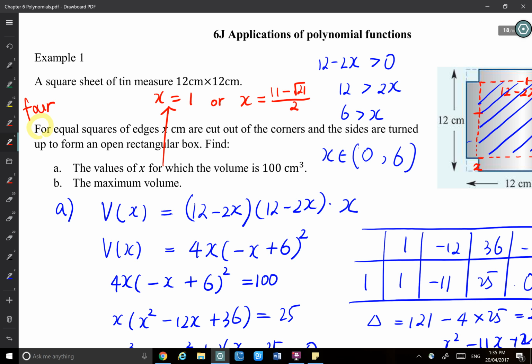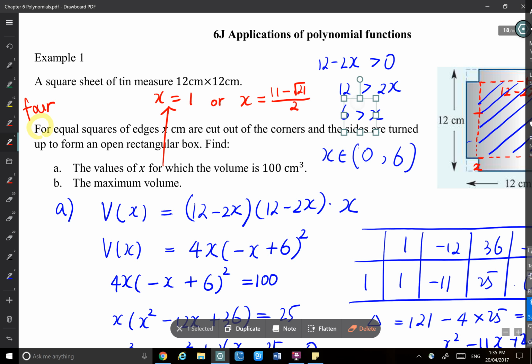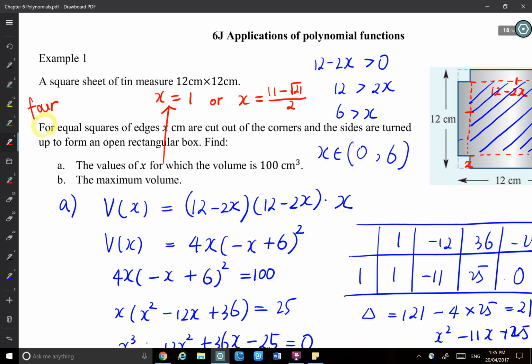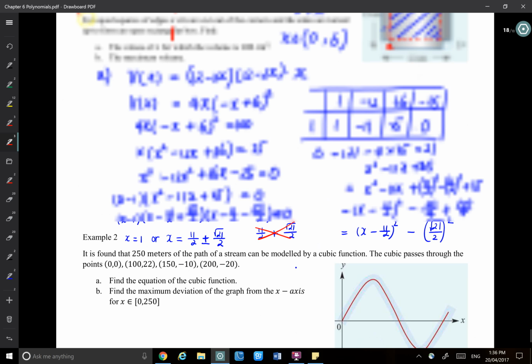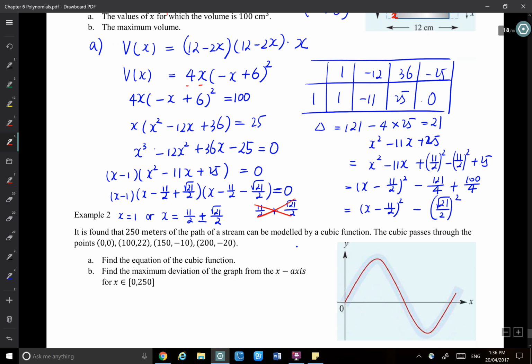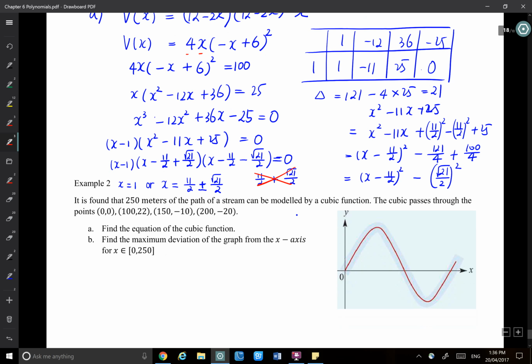Okay, if you take 1, let's think about the V(x) graph. What will the graph look like? This graph has 4 times x times minus x plus 6. I will have x-intercepts.